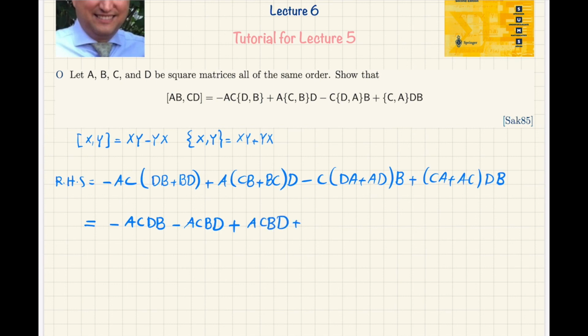The next one would be ABCD. And the next one, the same story, so it becomes minus CD, because I have also an extra negative sign. It becomes minus CDAB and minus CADB. And then I will have CADB plus ACDB. So let us see which terms are going to be cancelled now.